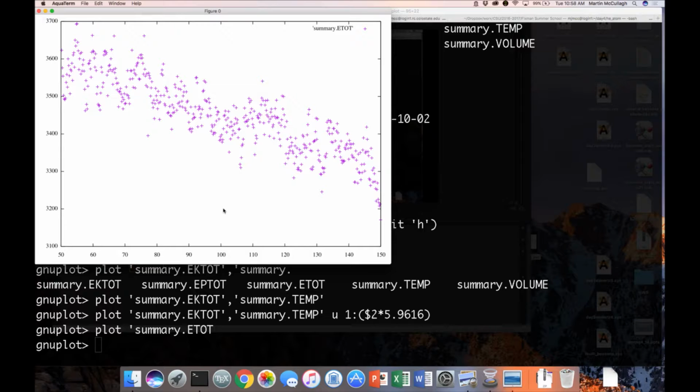So what you want to see here for an equilibrated simulation is that the total energy should level off and fluctuate around some sort of average value. That hasn't happened yet for that simulation, even though visually it looks fine.